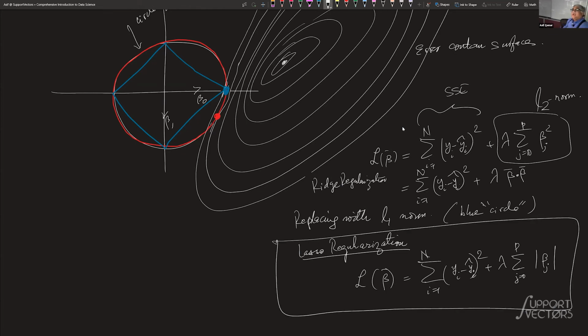And from this, you can imagine that you can create all sorts of more regularizations, isn't it? Just keep changing your norm. Now L1 and L2 are by far the most important. Now notice some observations.